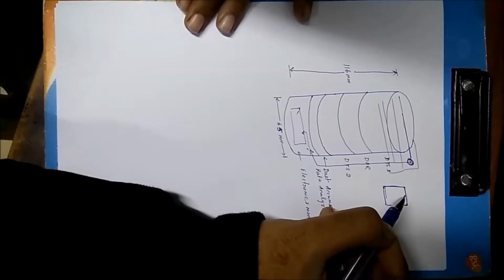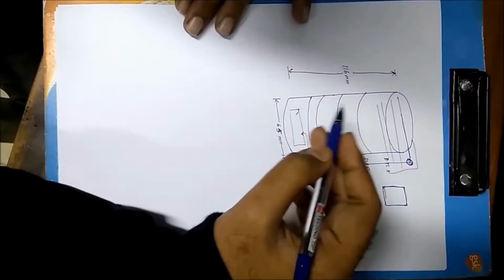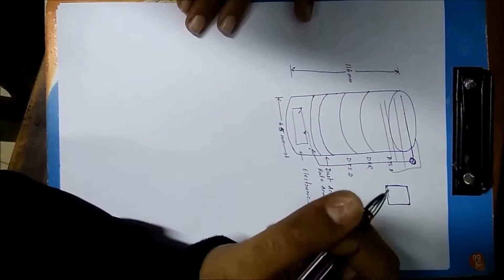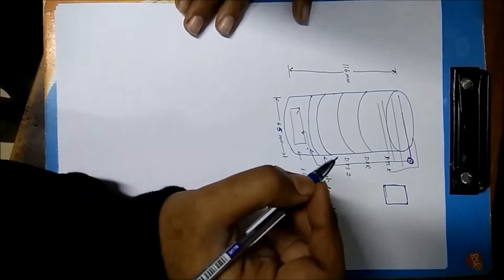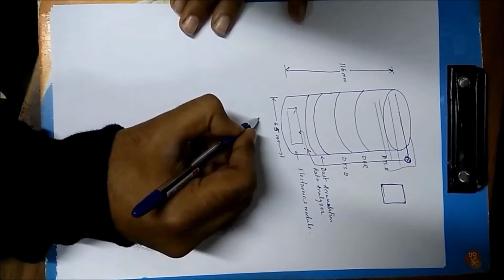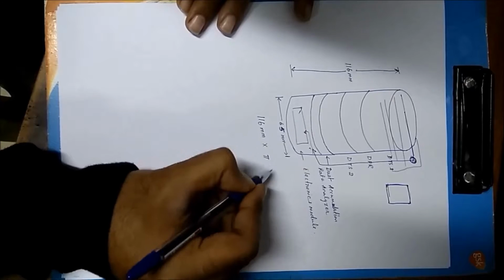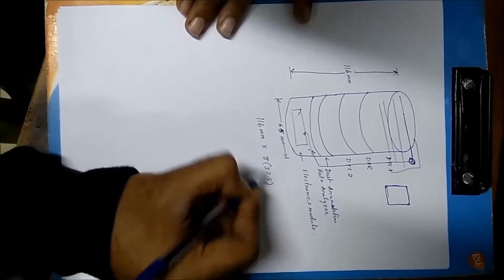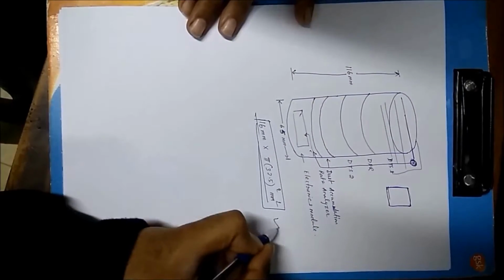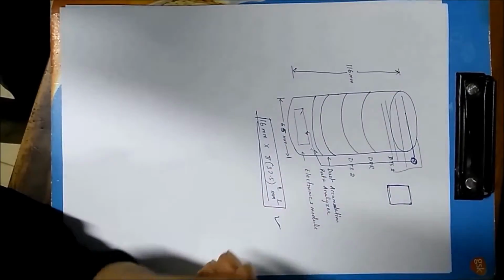So we have done some changes in the physical dimensions of our model, but the overall volume of the model we have kept constant and the same, that is 116 mm into pi into 32.5 mm squared. So this volume we have kept constant, but we have changed the physical dimensions of the model.